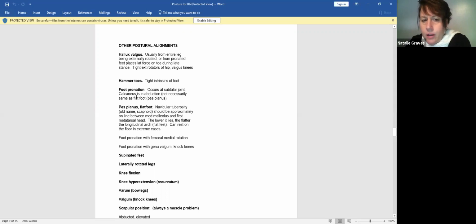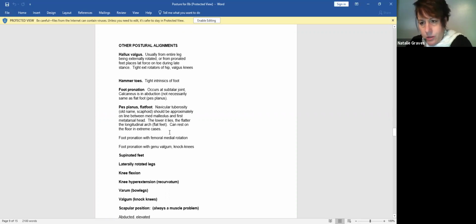If you have foot pronation, that can also be labeled pes planus or a flat foot. So the navicular tuberosity, remember that's on the medial side of the foot. If you're in pronation, you're going to be bearing more weight on that navicular perhaps. You're going to have lower longitudinal arches, also called flat feet.